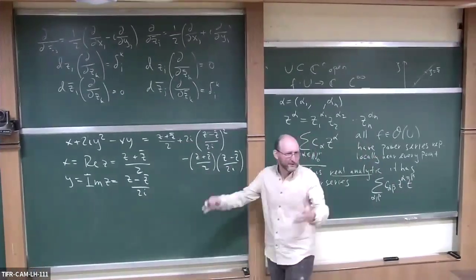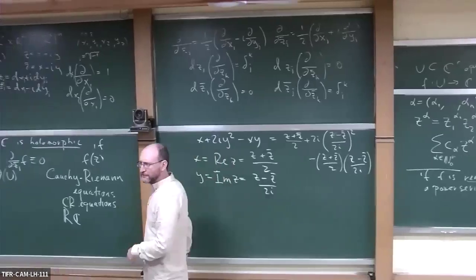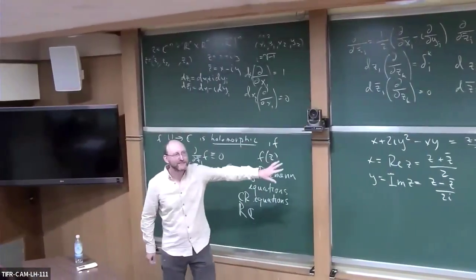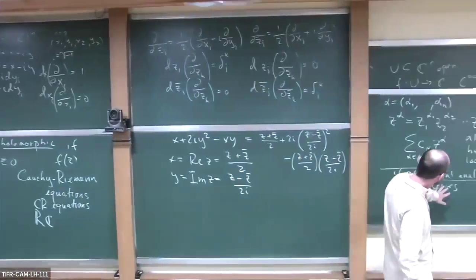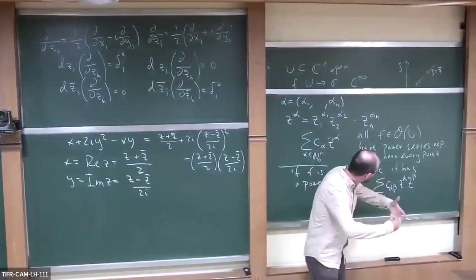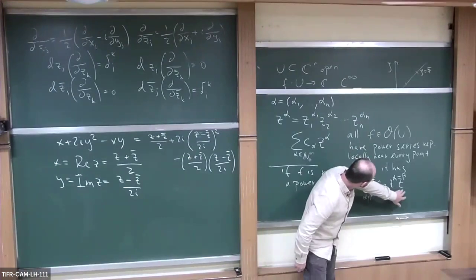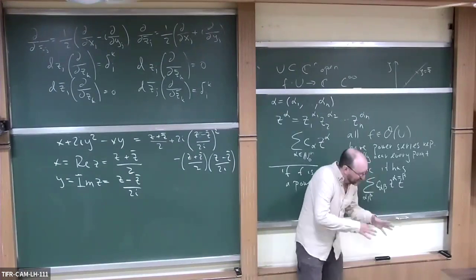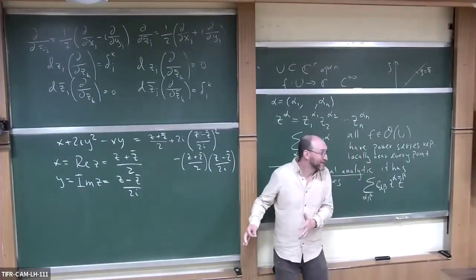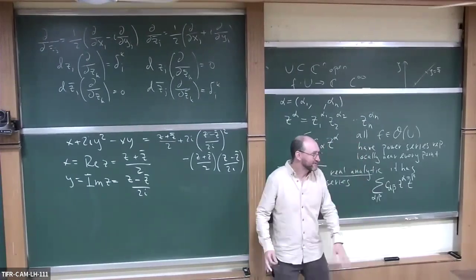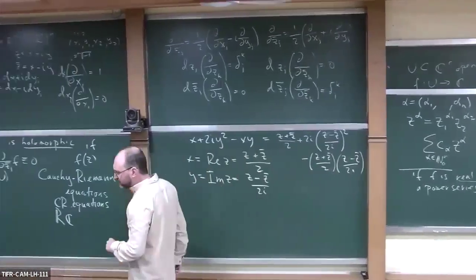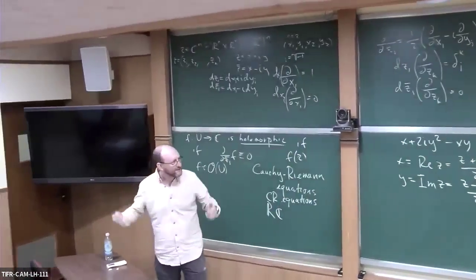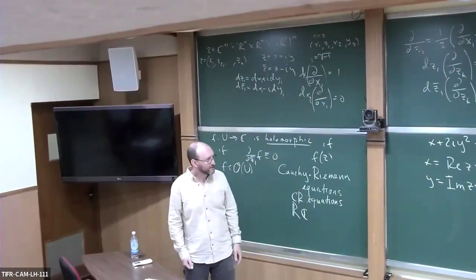But you get it near every point, so you can think of having coordinates near every point that looks like this. So we're near zero, and as long as zeta is not too far away from zero, and Z is not too far away from zero, I can plug in random numbers here and still get a function.